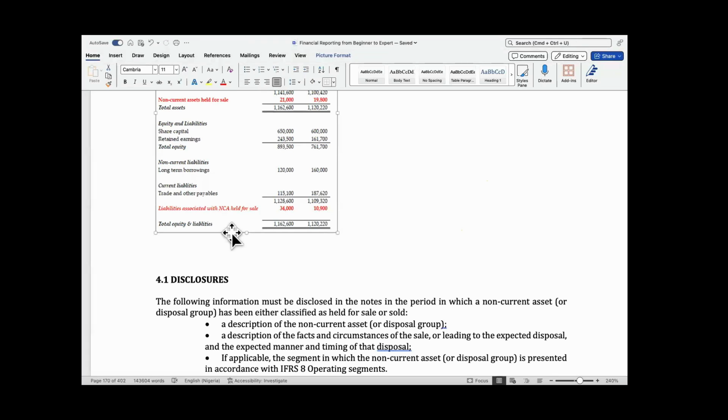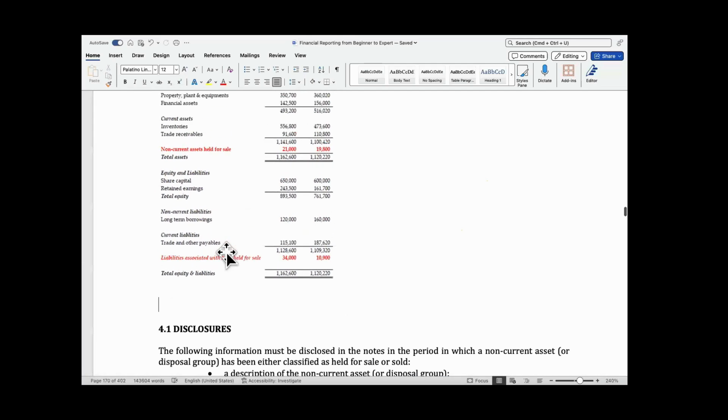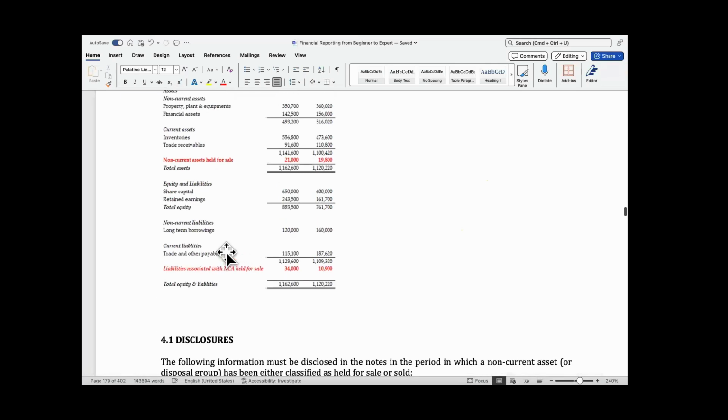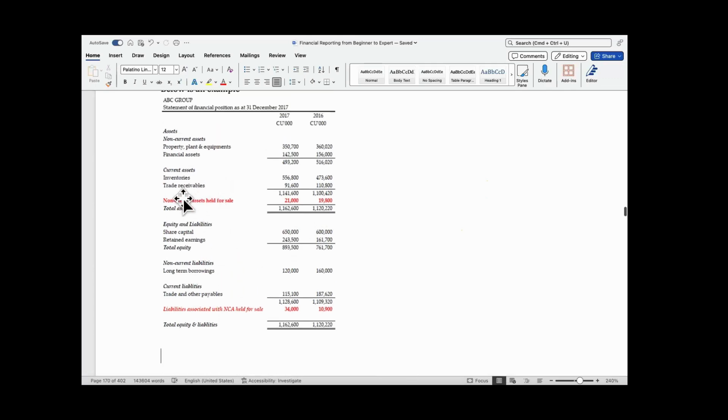Please, I don't know if you can repeat on the presentation aspect. Oh, okay. I said it will now be presented as a current asset. It was a non-current asset before, but now it will be a current asset. And I showed you this template here.